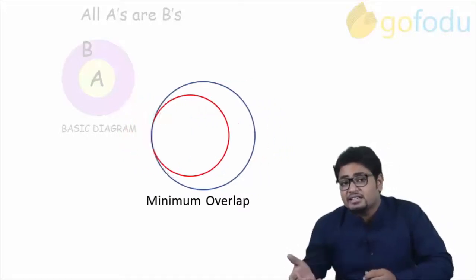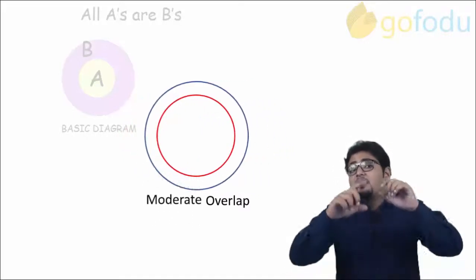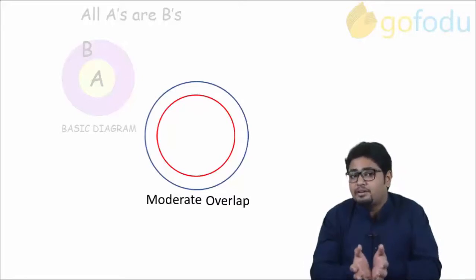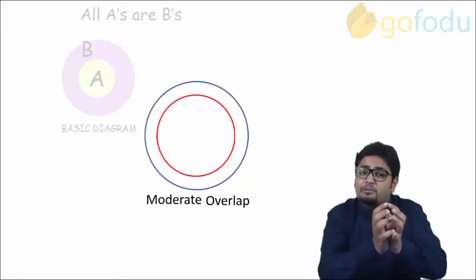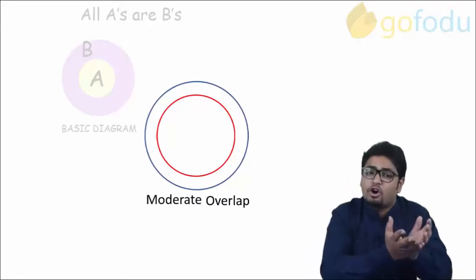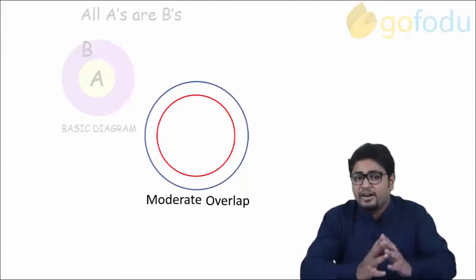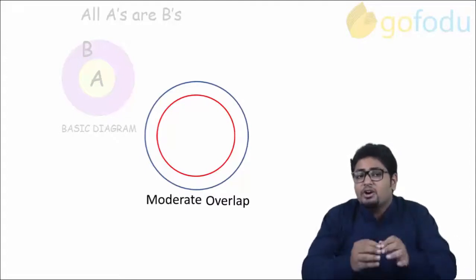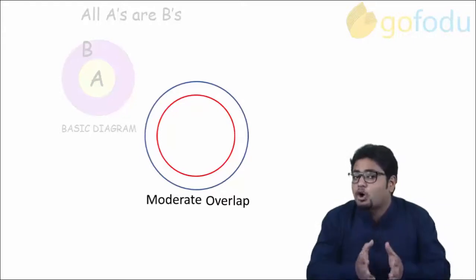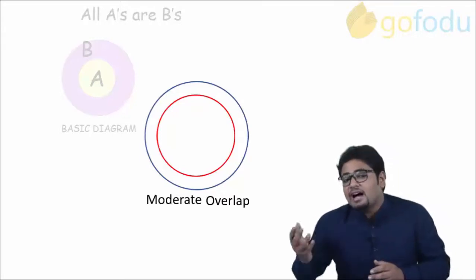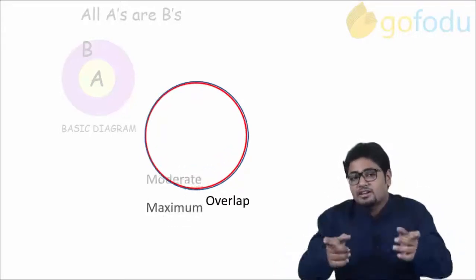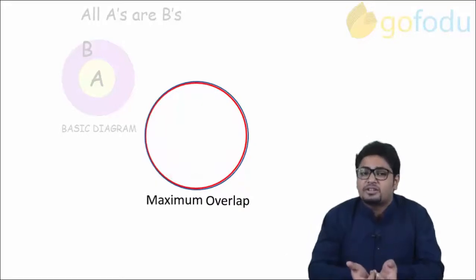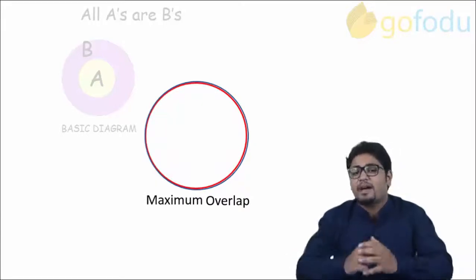In the second case, A is completely overlapped by B, but B is overlapped by A only to some extent or partially, not completely, right? Here, the overlapping is said to be moderate. In the last case, both the circles are completely overlapping each other and hence overlapping is the maximum for this case.